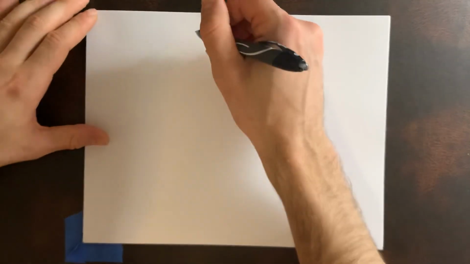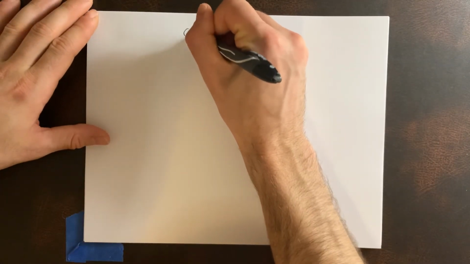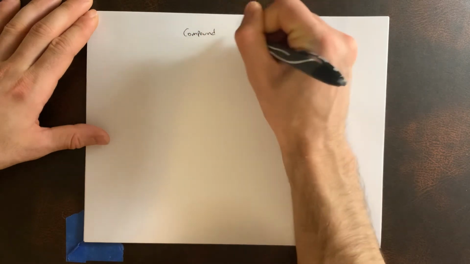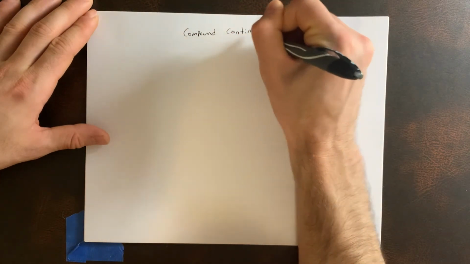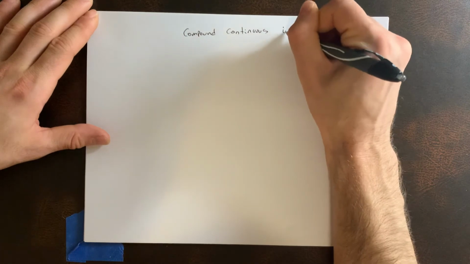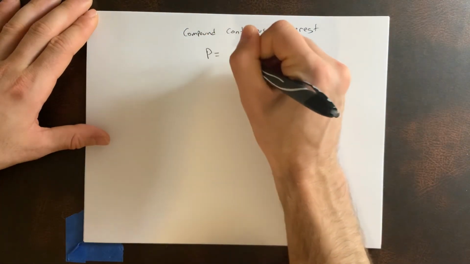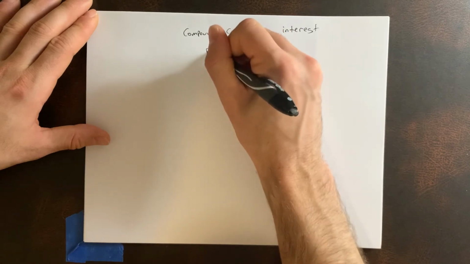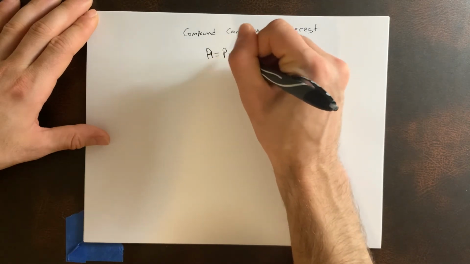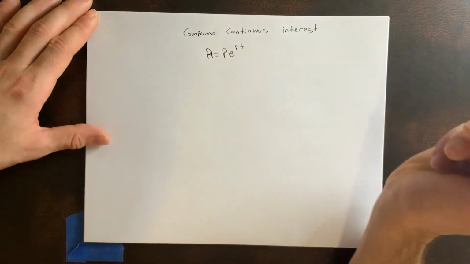Okay, so the last problem from this section. There's a formula that this next problem uses. It's compound continuous interest. And the formula is A is equal to P e to the rt.